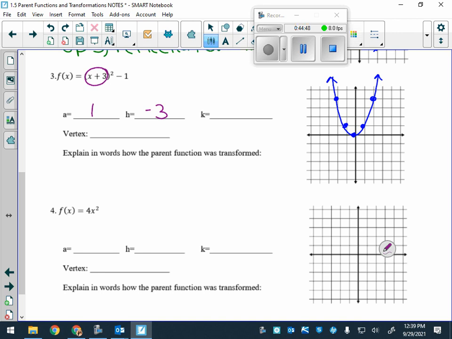Remember, it's the opposite of what you see. K is actually the same. So what is my k value? -1. So what is my new vertex? Sam? -3, -1. What types of transformations are happening?